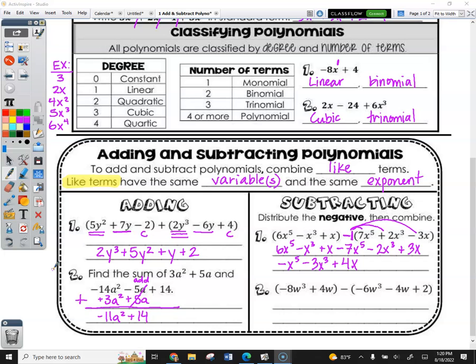So you should have distributed this, right? And then, so this would come down. And then negative 8 plus 6, 4 plus 4, and then copy, right? Okay.